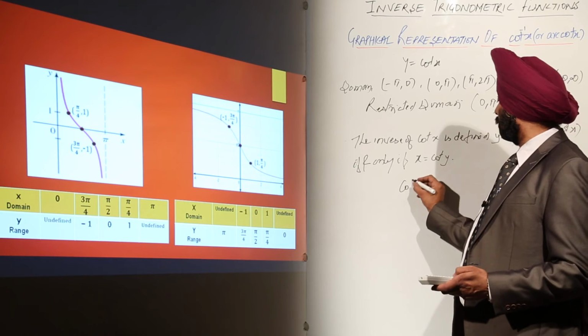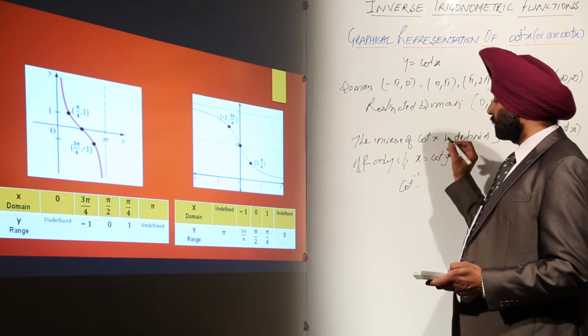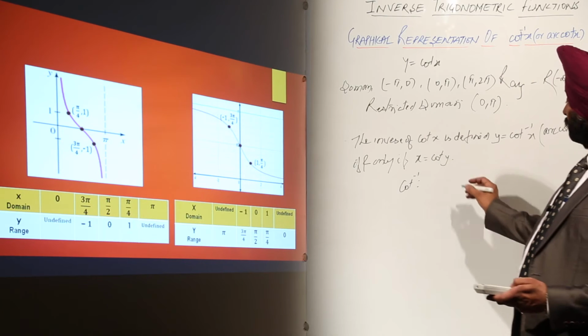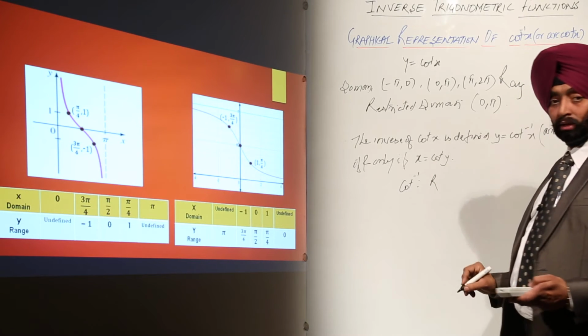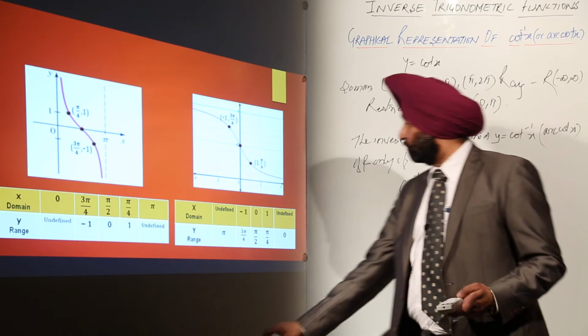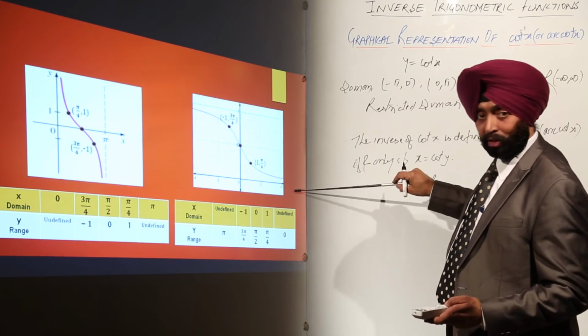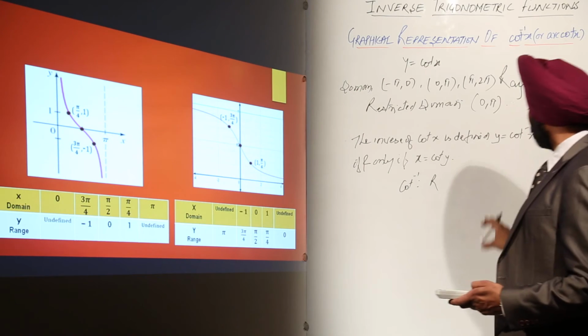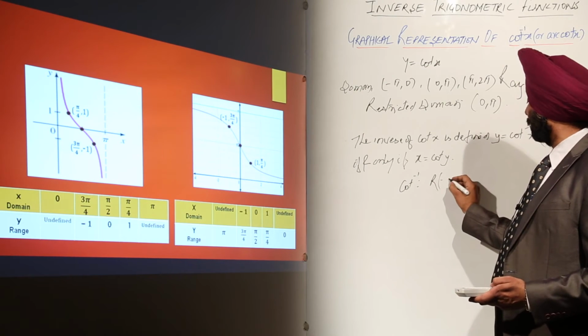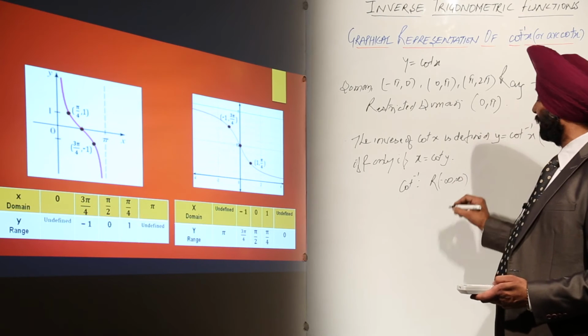Now what are the domain and range for this? For cot inverse, the domain is R, all the real values, because the graph is not touching this part and this part. We can write it either R or minus infinity to infinity, any one.